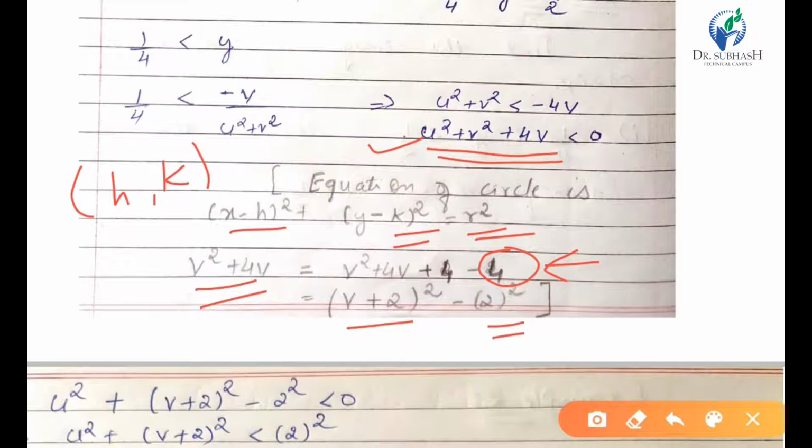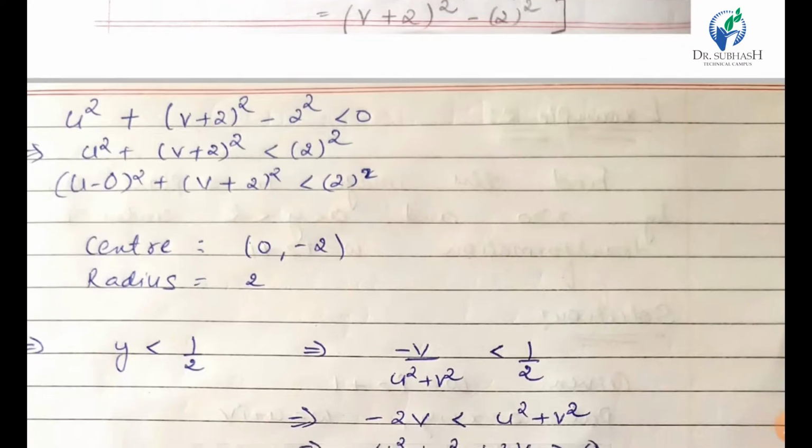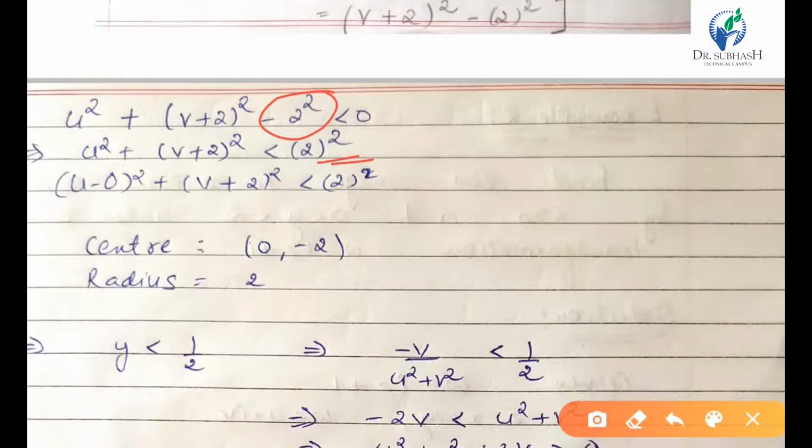Now this equation can be written as u square plus (v plus 2) whole square minus 2 square less than 0. Again we will take this minus 2 square to the right side, and we get plus 2 square. Now we can find the equation of a circle, because u can be written as (u minus 0) square.